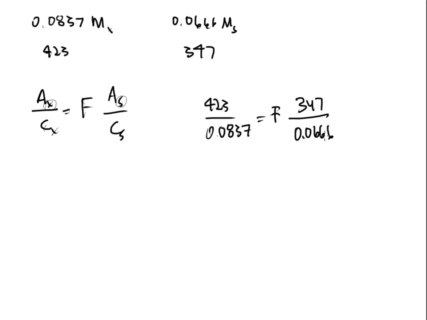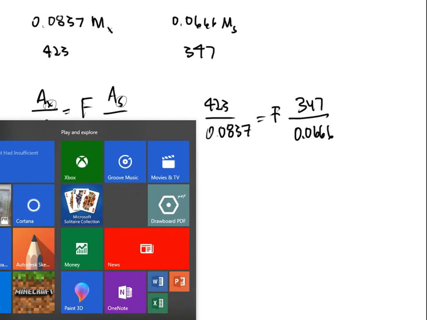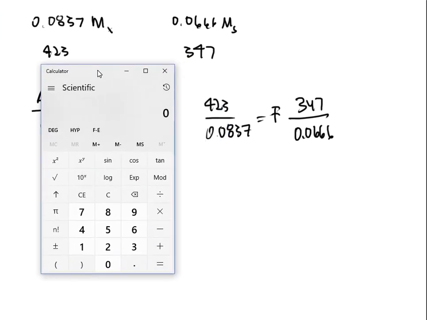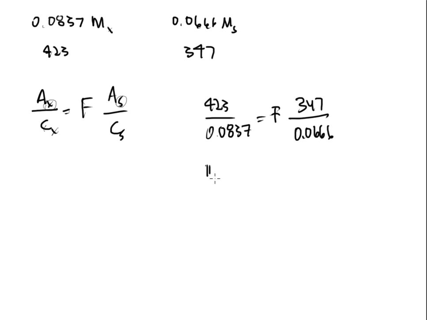Okay, so I'm going to bring up the calculator, and we're just going to clear up the things that are on each side of that equal sign. So 423 divided by 0.0837 equals 11,432.